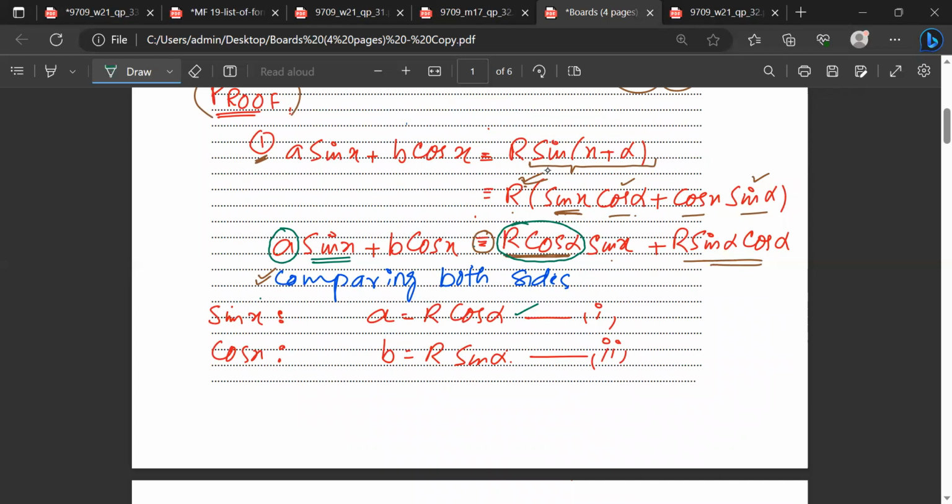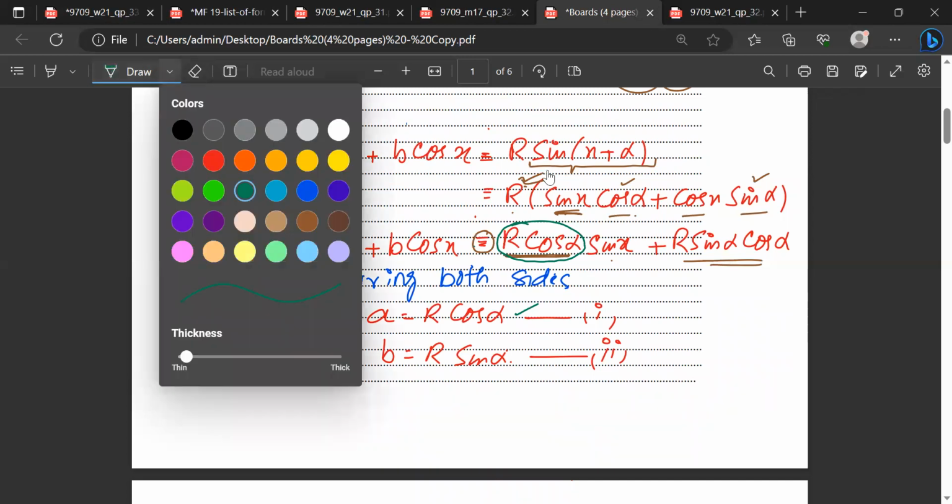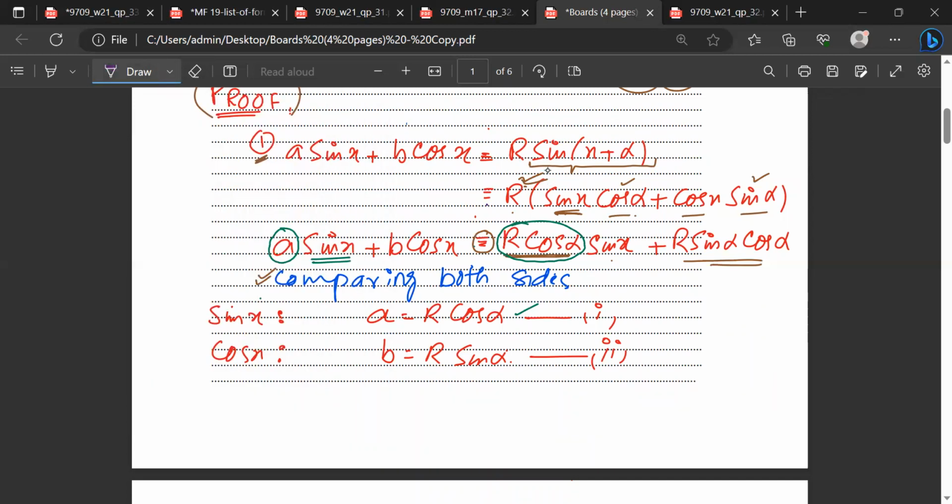Just equate. The coefficient of cos x on the left hand side is b, and on the right hand side it is R sine of alpha. So in this way, there are two equations.